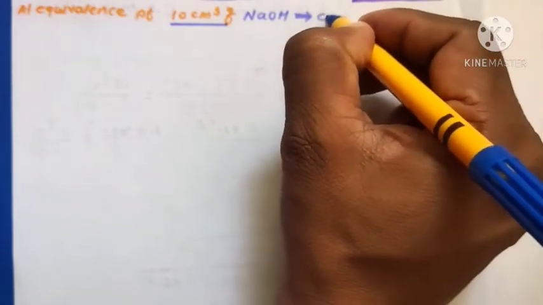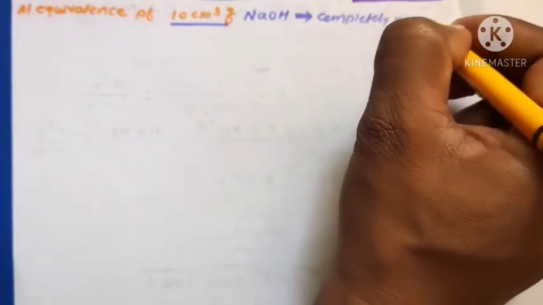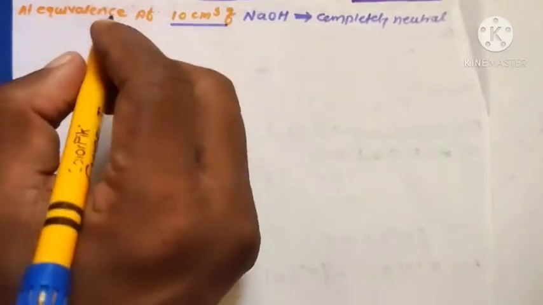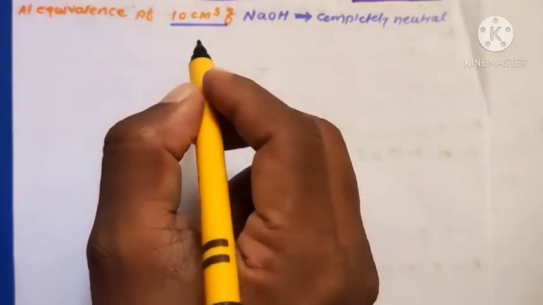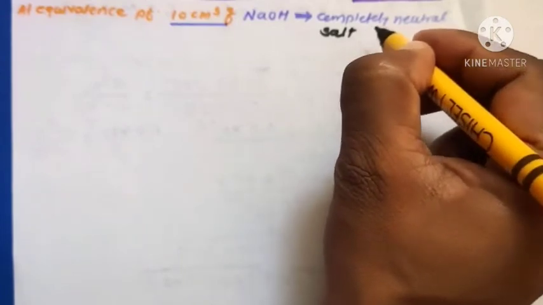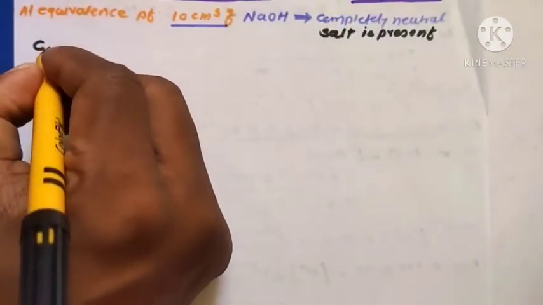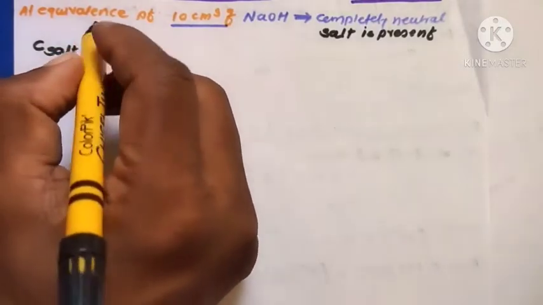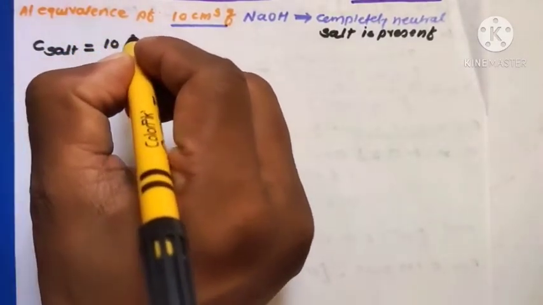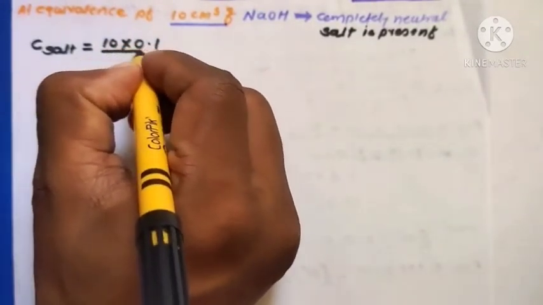Only completely neutral. Only salt will be present, and its concentration is therefore equal to 10 cm cube having concentration 0.1 molar.